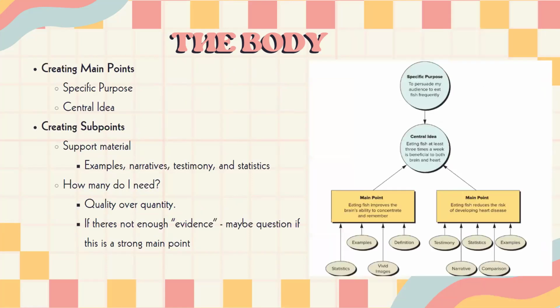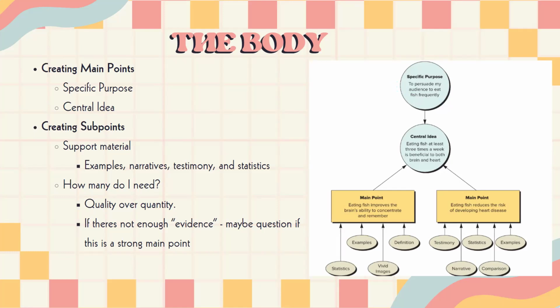Okay, let's break that down even further. So, when creating your main points, you want to go to your specific purpose and central idea. Your specific purpose is basically like what is your goal? What are you trying to do? So this will always be like to inform, to persuade.